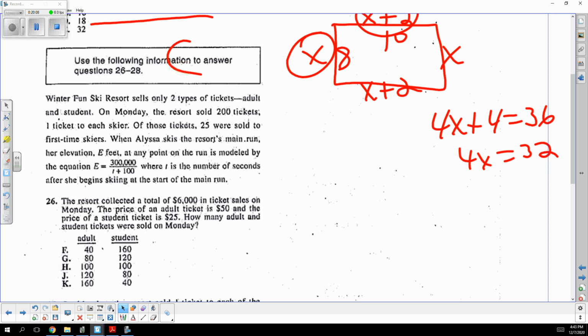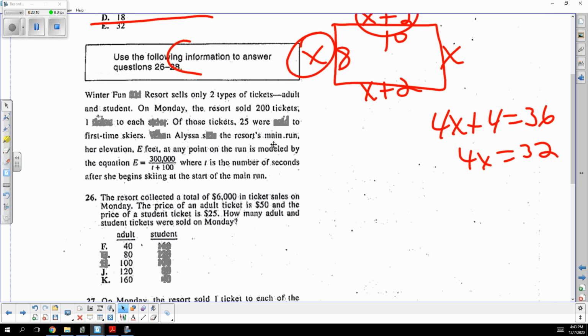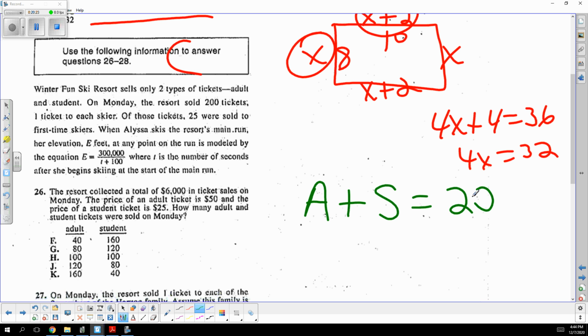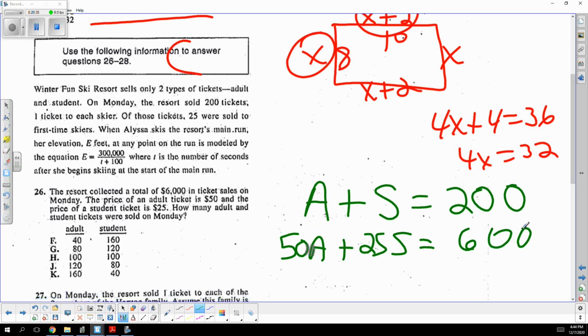So first of all, there are 200 tickets sold. So 200 means that adults plus students is 200. Now what about the money? The money is an adult is $50 and a student is $25, and we collected 6,000.